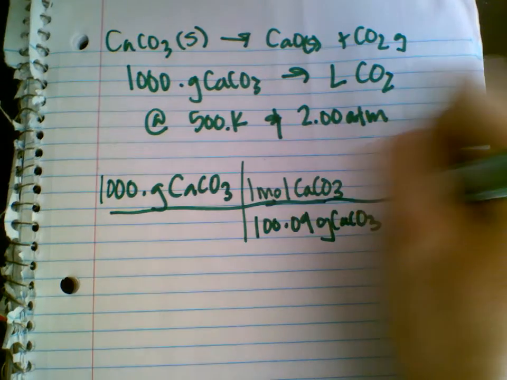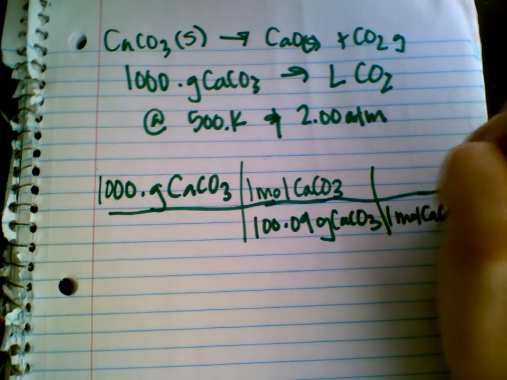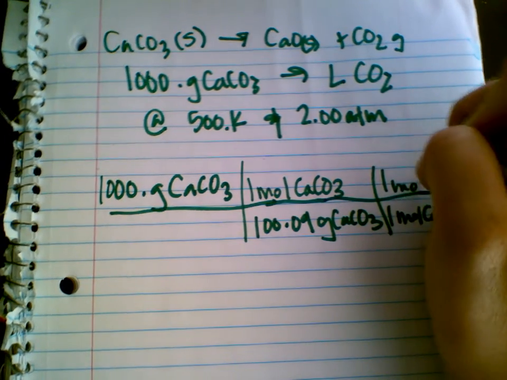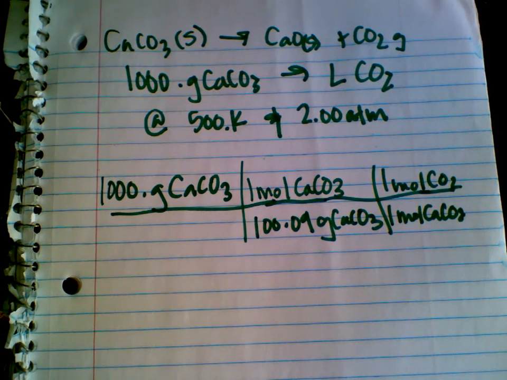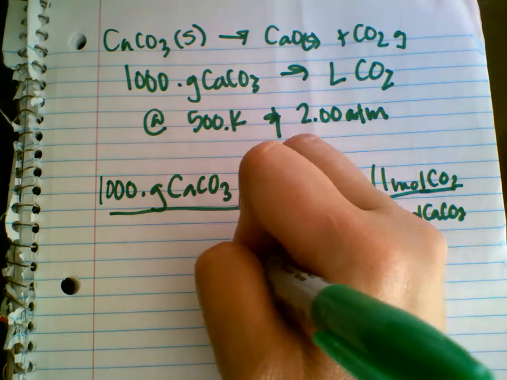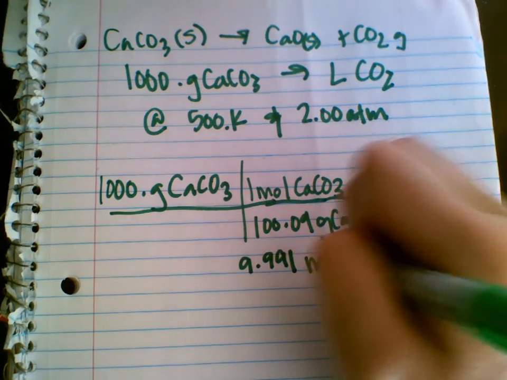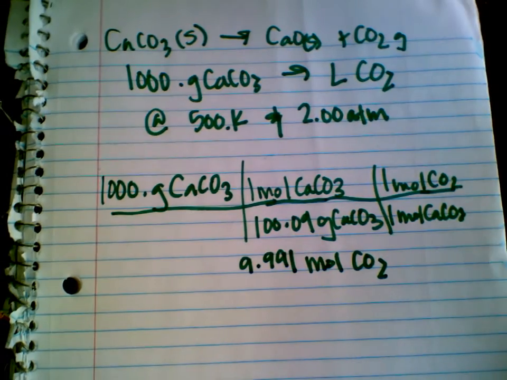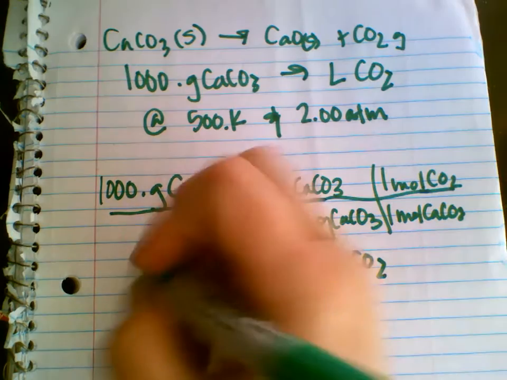Then I'm going to use a mole ratio. For every 1 mole of calcium carbonate, I'm going to get 1 mole of CO2 gas. And I'm going to put this in my calculator, and I solve that I'm going to get 9.991 moles of CO2.